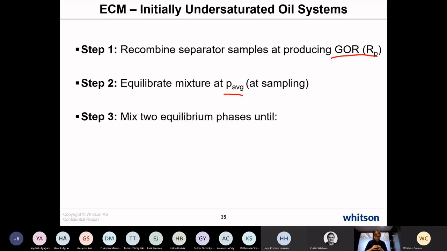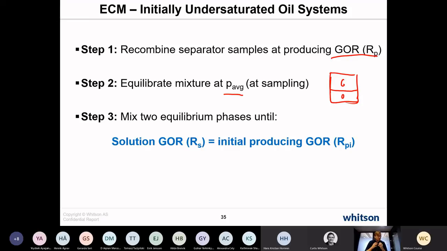And then at these conditions, you'll have an equilibrium gas and equilibrium oil that you mix in stages.